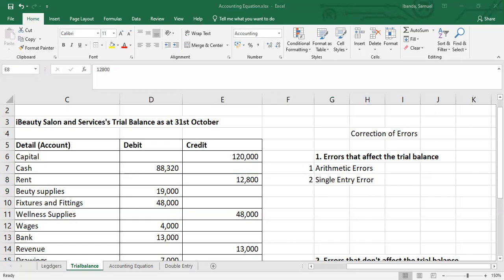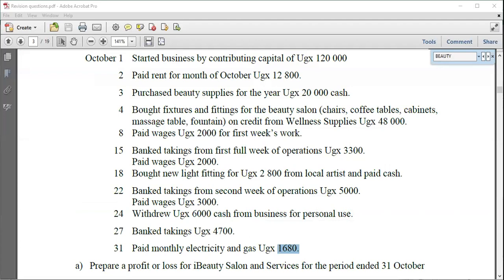For example, if this is the question, let me use these wages.